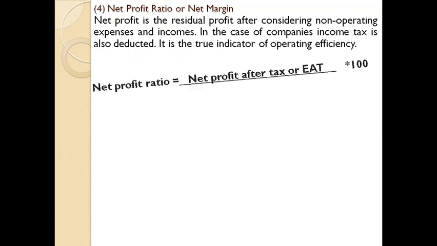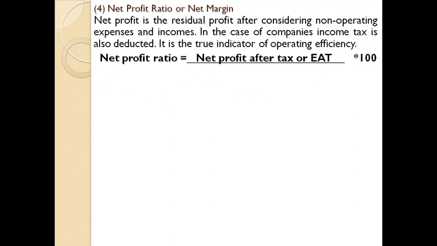So the equation is net profit ratio equals net profit after tax divided by net sales into 100. Remember, net profit is taken after tax, which is otherwise known as earnings after tax. I hope you remember the horizontal statement, income statement, which we have discussed in the second module. Just go through it.